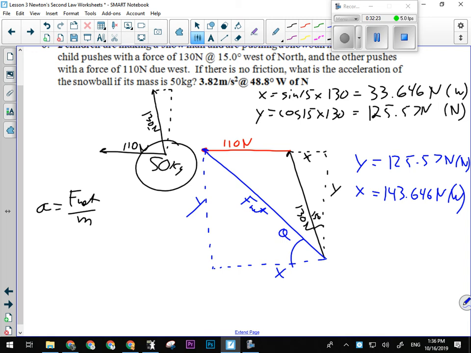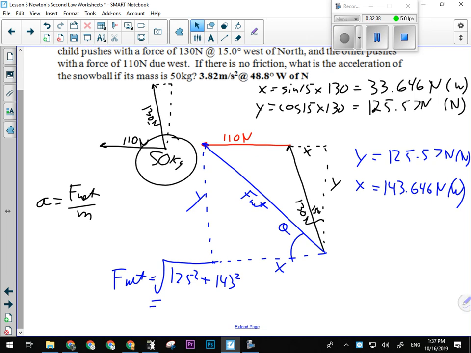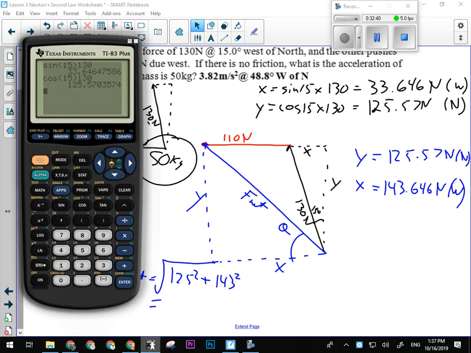All right, so now we've got our blue x and blue y. Can I calculate F net? Yeah, just use the Pythagorean theorem. So F net will be the square root of 125 with all the decimals squared, plus 143 with all the decimals squared.